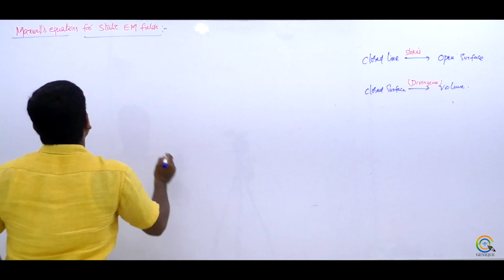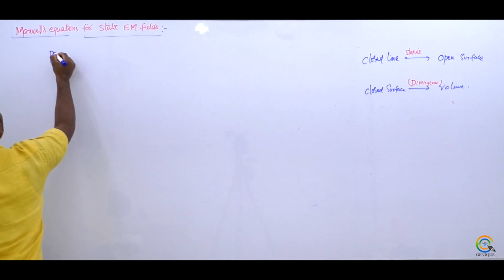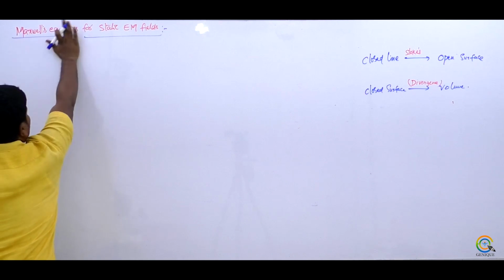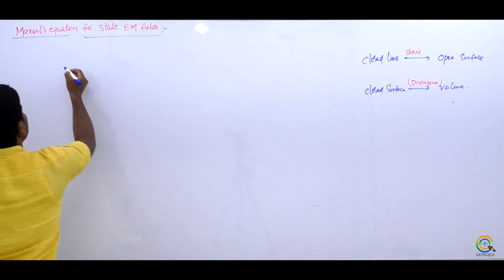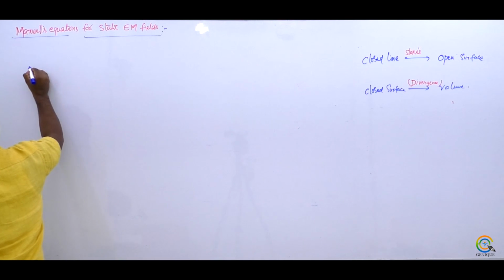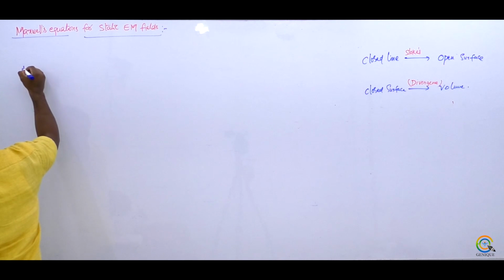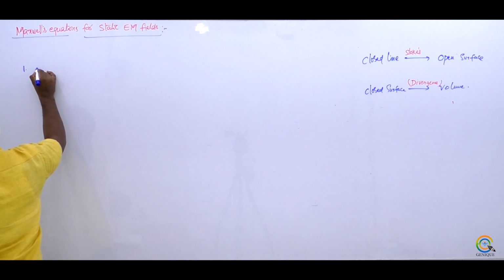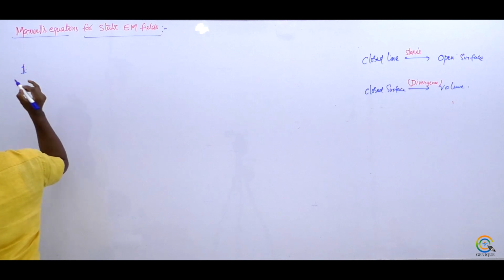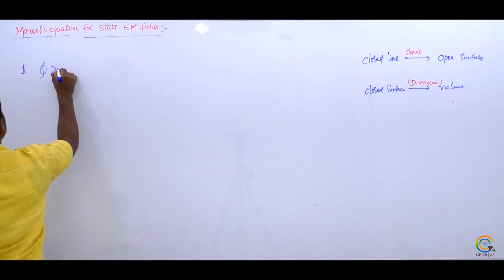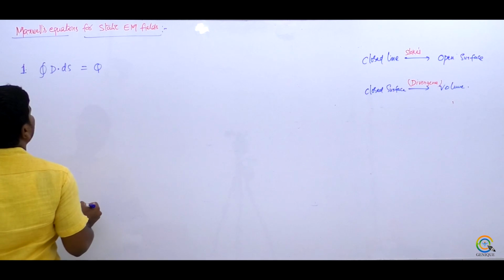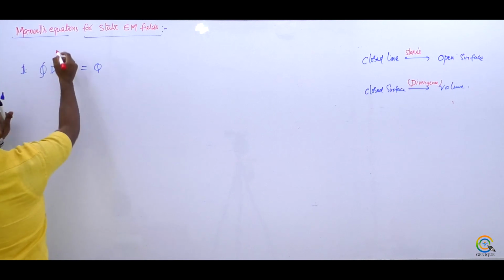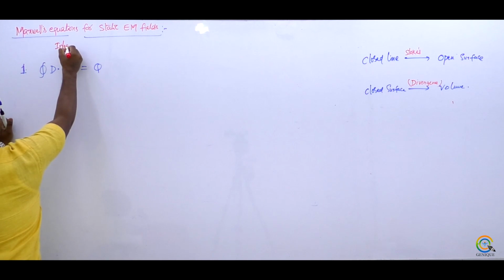See, if you observe what I said, he collected all the equations from Gauss and Ampere. So what is the Gauss law? The Gauss law states that the closed integral D dot ds is equal to Q. Okay, so this is in integral form.